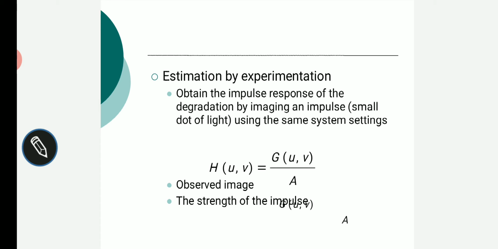Here, we obtain an impulse image, a small dot of light, using the same system settings. A linear space invariant system is characterized completely by its impulse response.